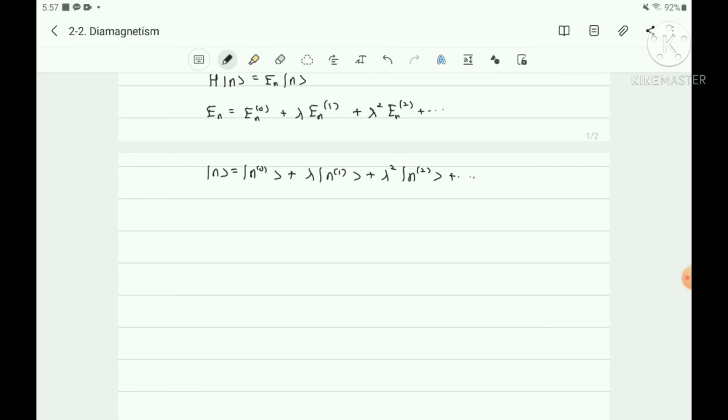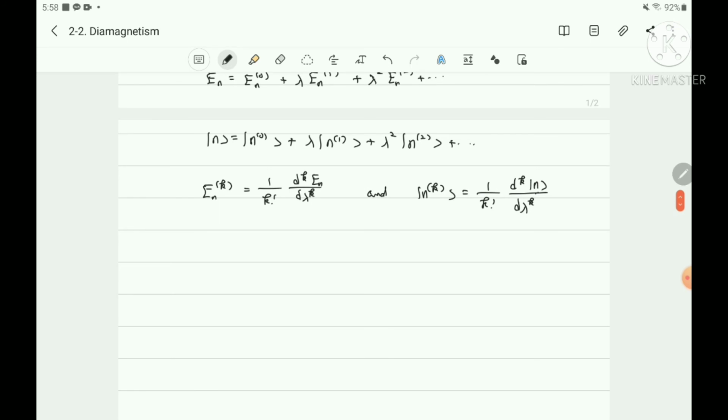Here, the kth-order energy is 1 over k factorial times the k-th derivative with respect to lambda of the energy E_n. Also, the kth-order n state can be represented as 1 over k factorial times the k-th derivative with respect to lambda of the n state.